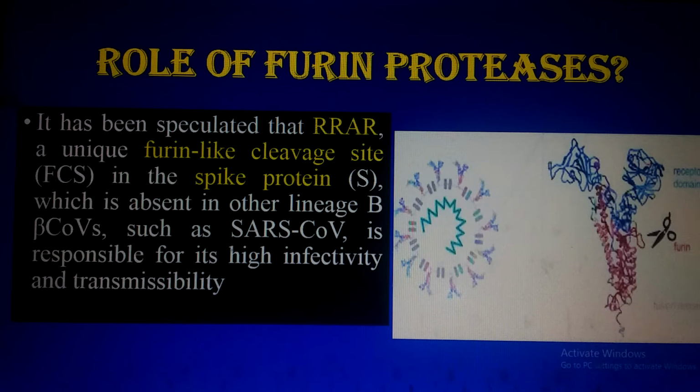This is the unique cleavage site at which furin cuts the spike protein into its subunits. The spike protein, which is inactive, becomes active by the activity of the furin proteases. So furin, like the transmembrane serine proteases, acts like a scissor for the cutting, or cleavage, of the spike protein.